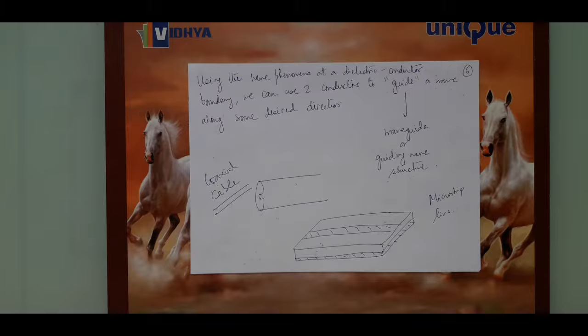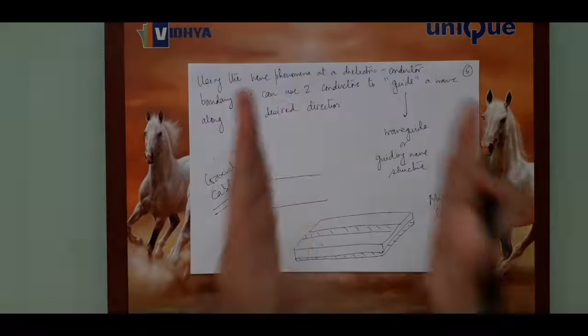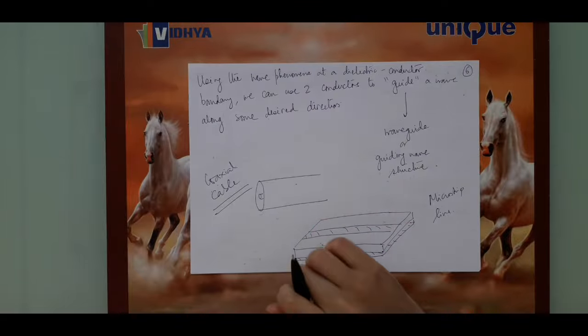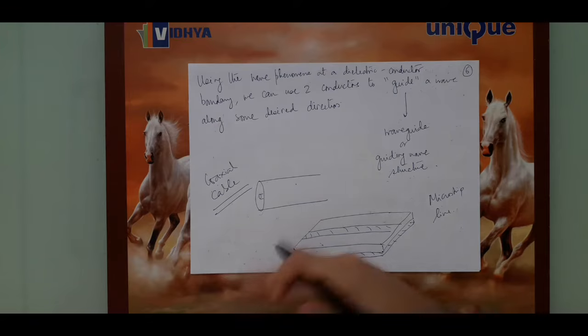Our motivation in the previous discussion so far was: can we use two metallic conductors? We saw yes, if we put two metallic conductors which are separated by some particular distance, we can indeed repeat the fields and therefore expect some energy to flow.